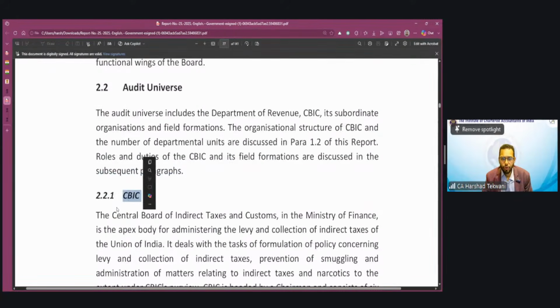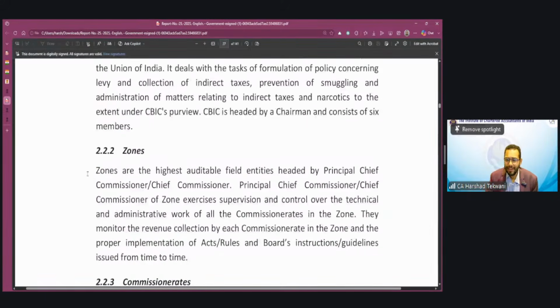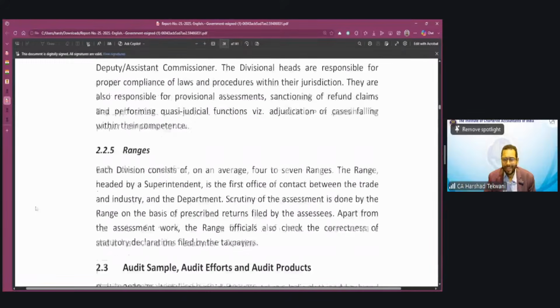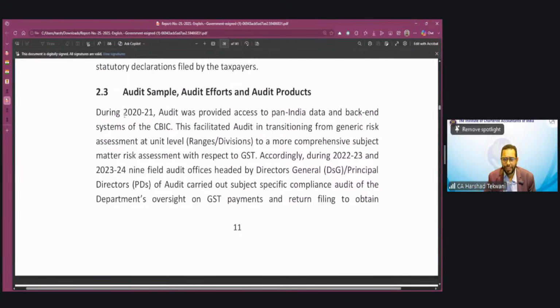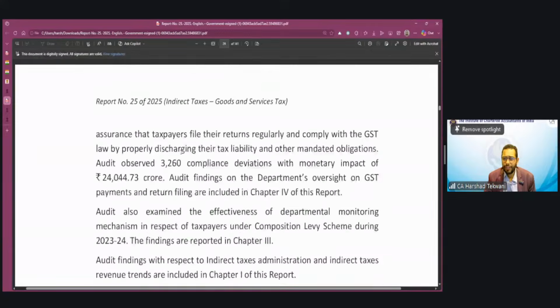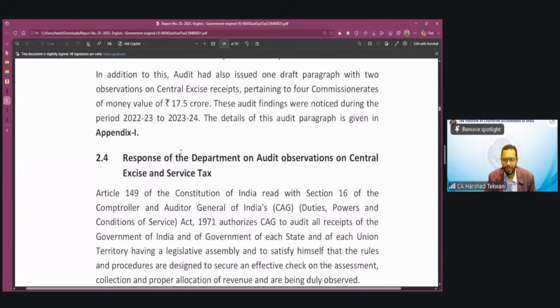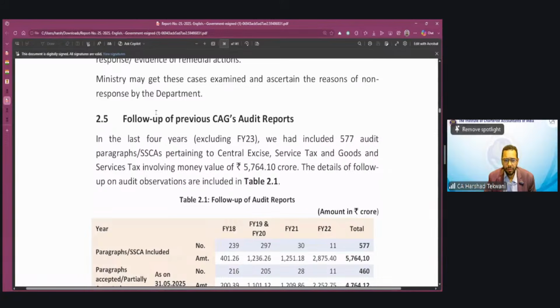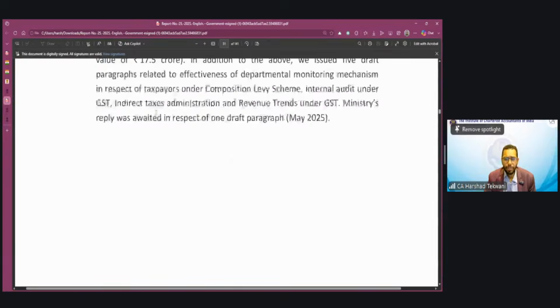CBIC, that is the Central Board of Indirect Taxes and Customs, their zones, their commissionerates, all these things are being audited. Divisions, ranges, audit samples and audit efforts and the products. We will come to that sometime. Response of the department, follow-up reports, response by the ministry.